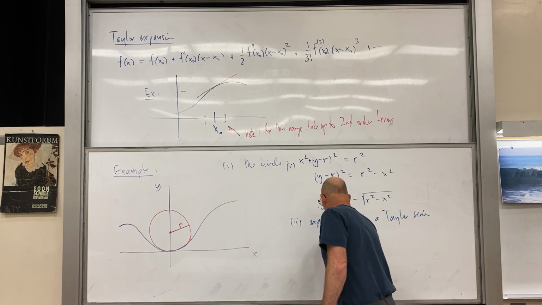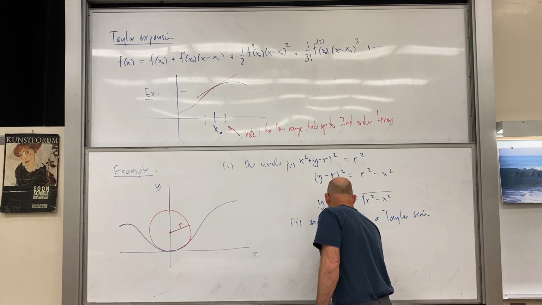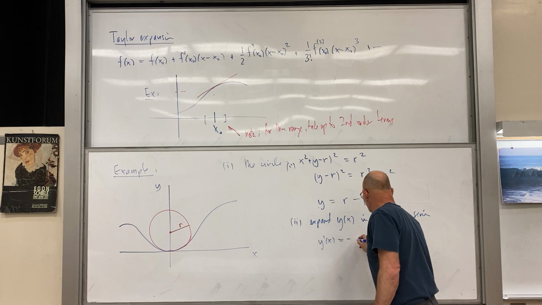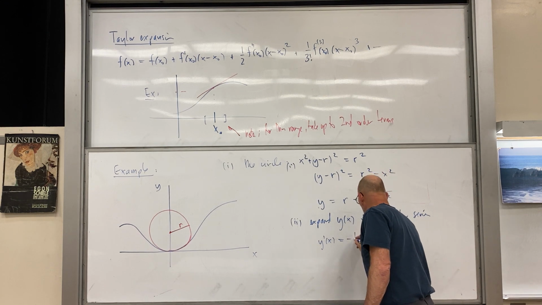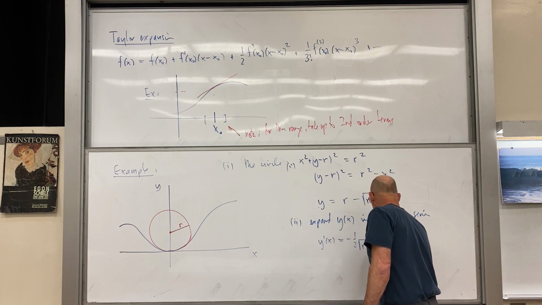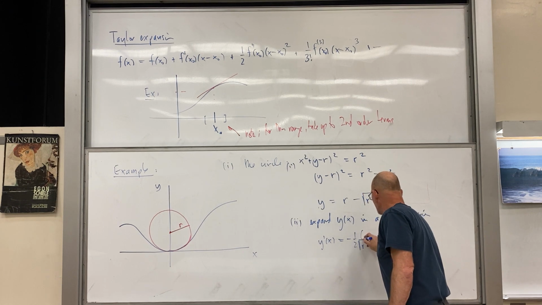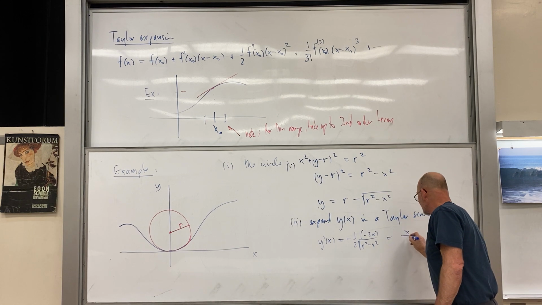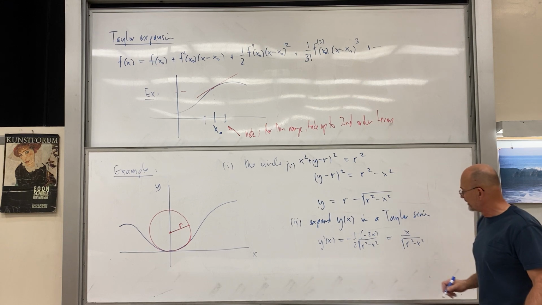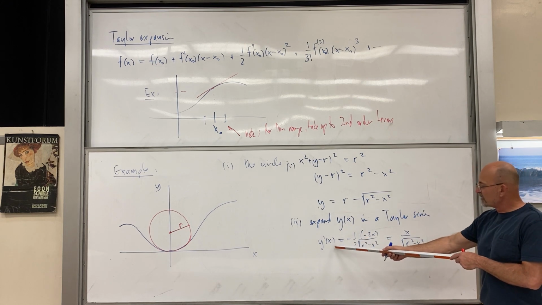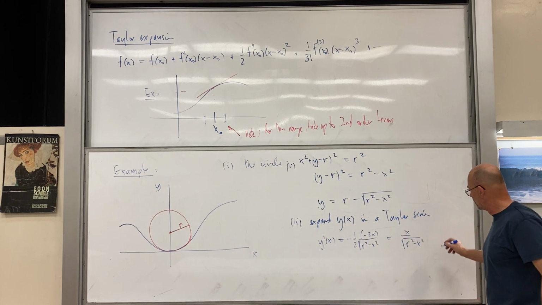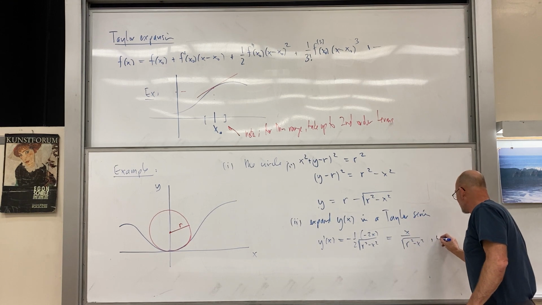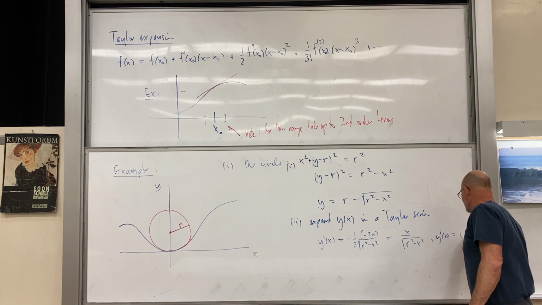So let's go ahead and write y prime of x is equal to minus, and then I have the square root here, so 1/2 root r squared minus x squared times negative 2x is equal to x over root r squared minus x squared. And we see that y prime of x equals 0 at x equals 0. So y prime of 0 is equal to 0.